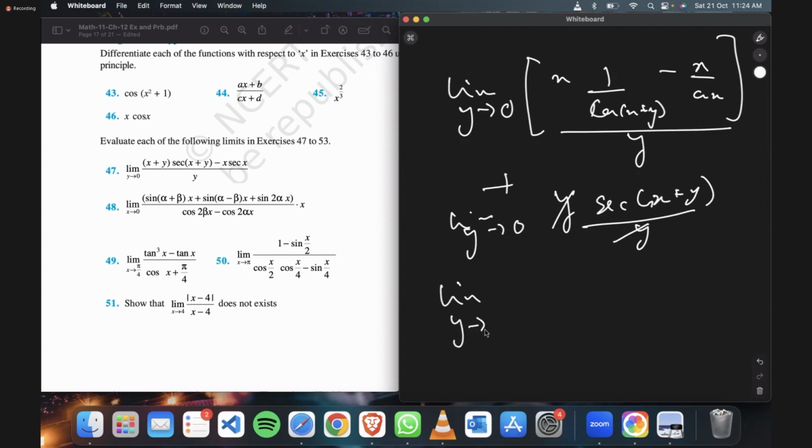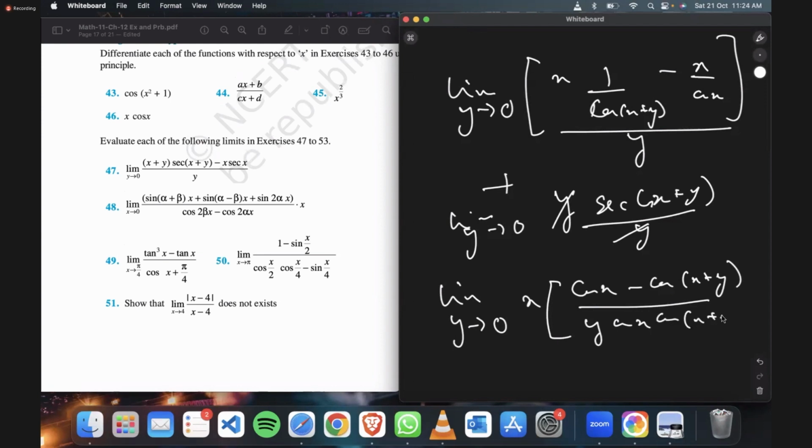That is limit y tends to 0, x times (cos x minus cos(x+y)) divided by y cos x cos(x+y), and there's a plus sec x term as well.